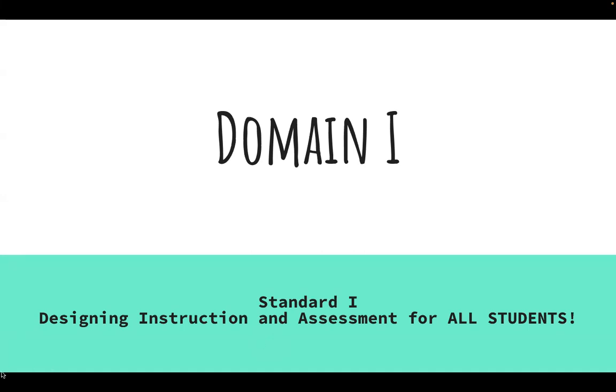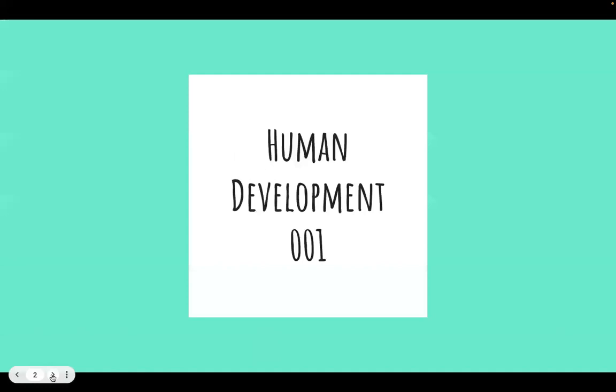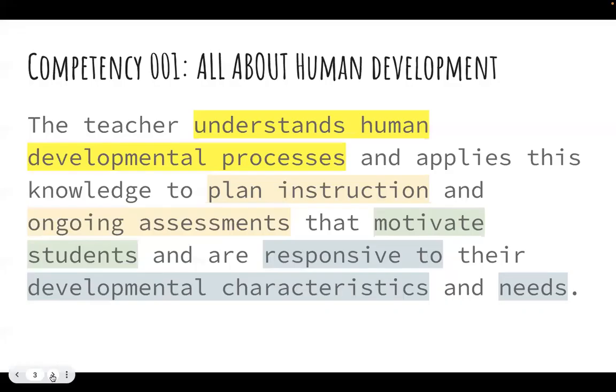So let's see. Domain one is all about human development. It's the overarching idea connected to competency one, human development. And it is all about human development in that the teacher understands the human developmental processes. Why is this important? Because our students, whether they're kindergarteners or 12th graders, are little humans, maybe going to be later adults.